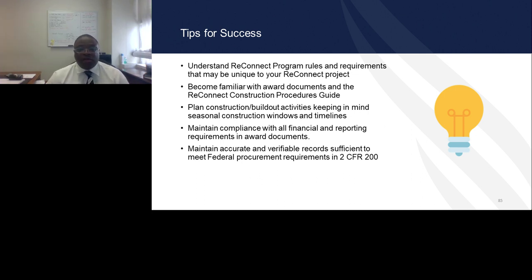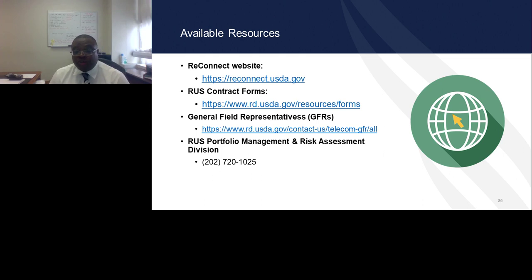We have a lot of resources available for ReConnect awardees. I think by now everyone's familiar with the ReConnect website. A lot of our forms are available. Actually, all of our forms are available on our webpage that's listed on the slide. We also have contact forms for all GFRs on our webpage.